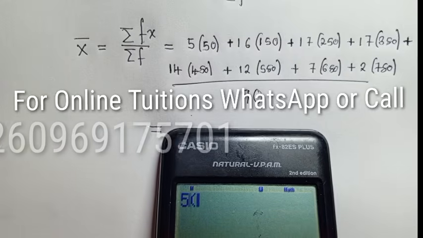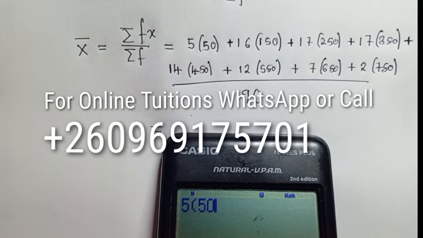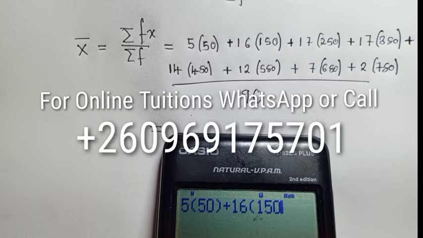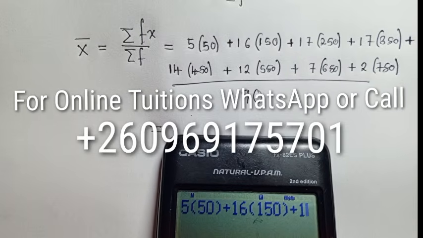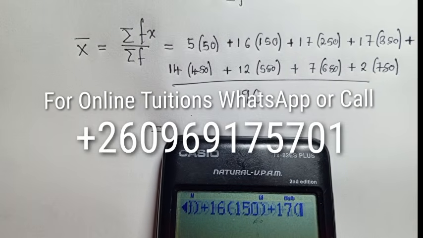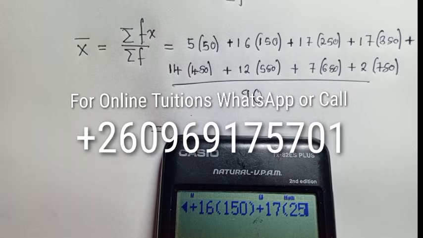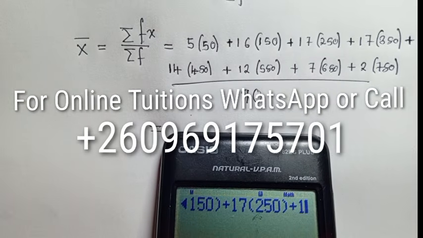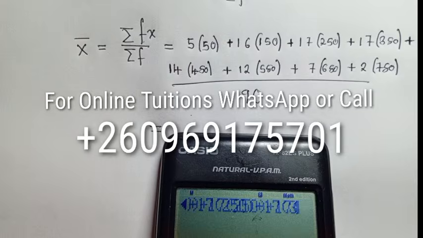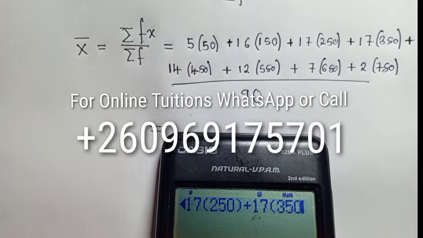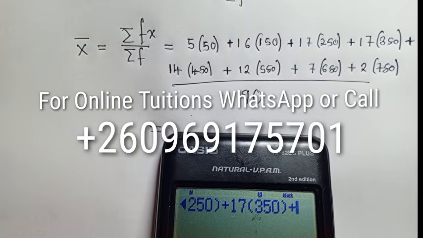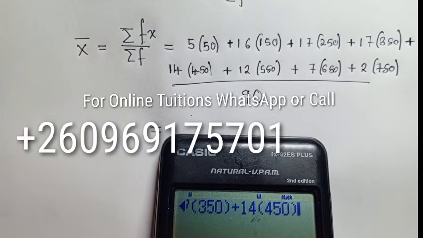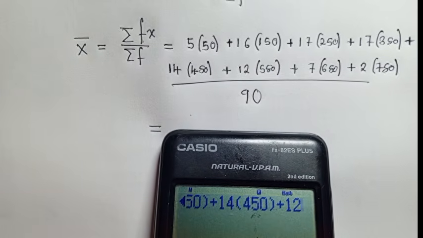I've got a 5, open bracket, 50 plus 16, open, 150 plus 17, open, 250 there, plus another 17. This one is 350 plus 14, 450 plus a 12.